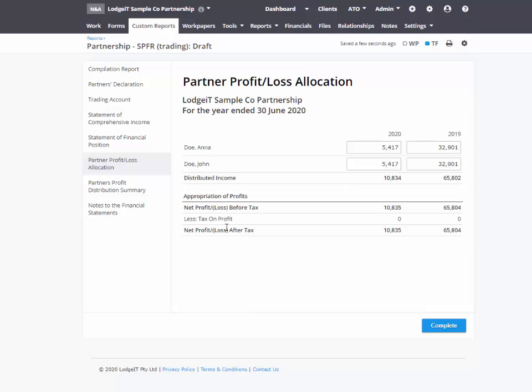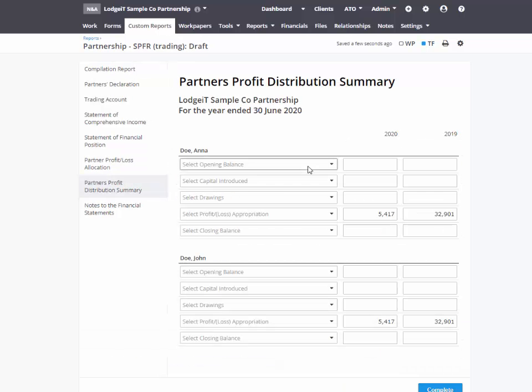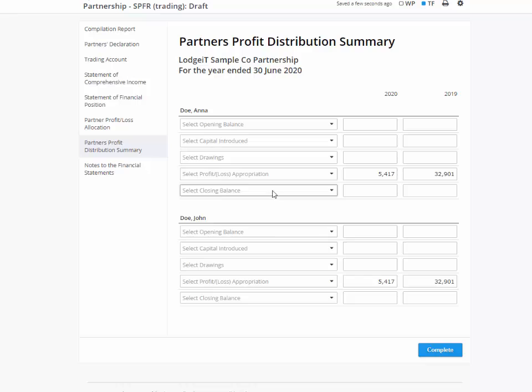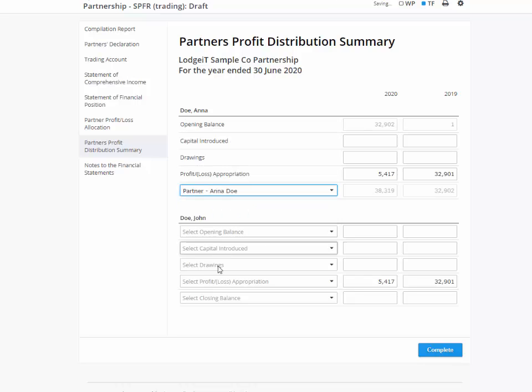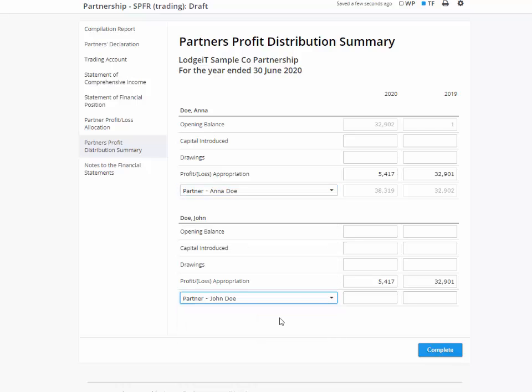Okay, no profit left, all shared. And we have our closing balance for partner Anna and closing balance for partner John. So you could see it's giving us this because it's working backwards. It works backwards to find the balance.